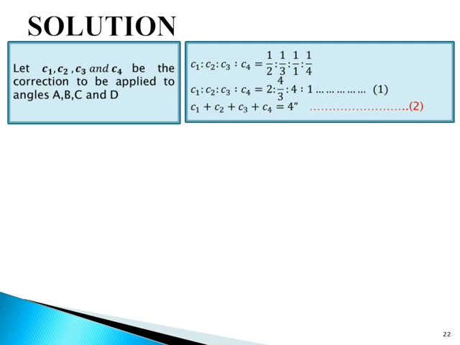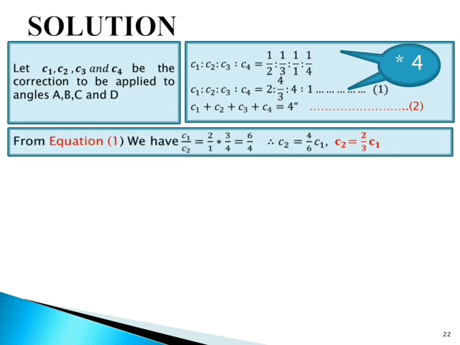So our equation will be C1 : C2 : C3 : C4 is 2 : 4 by 3 : 4 : 1, which is our equation 1. So here you may ask where this comes from. We have simply multiplied the above ratio by 4 and hence it comes as equation number 1. And C1 plus C2 plus C3 plus C4 is equal to 4 seconds, which is our equation number 2.